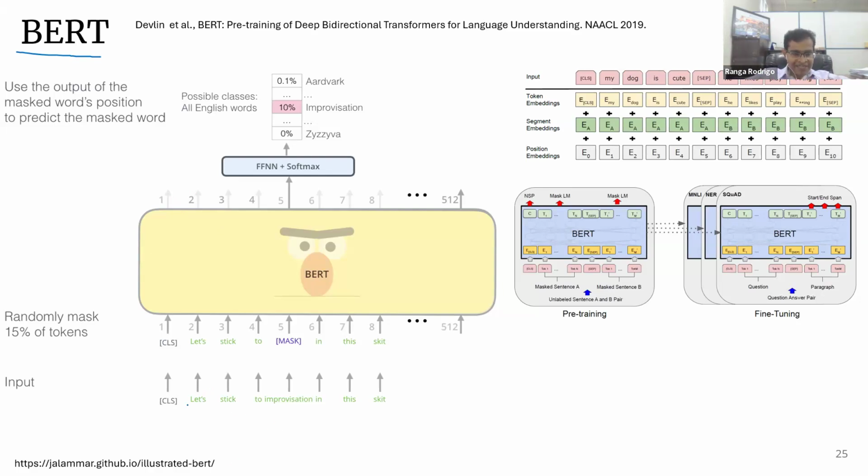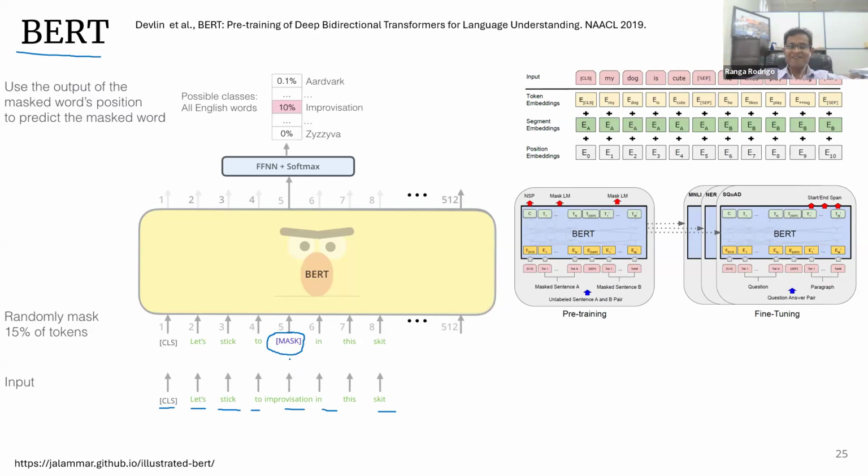Now let's take a sentence like this. This is the class signal. Forget about that. Let's stick to improvisation in this. So what we do is this word we mask. This mask. It's blank. So in grade 3, 4 also you did this, right? The teacher gives "I blank apple."